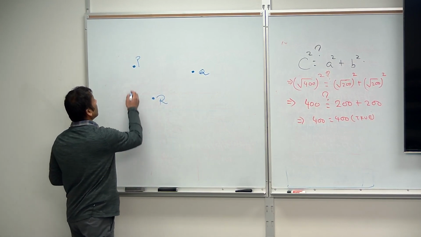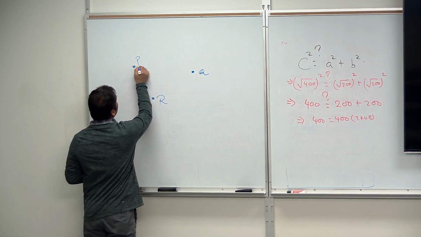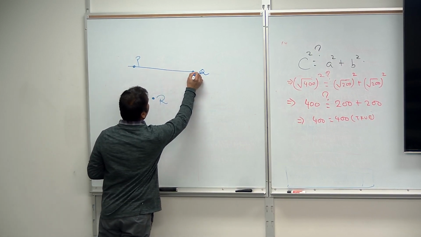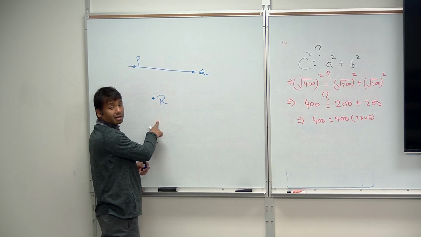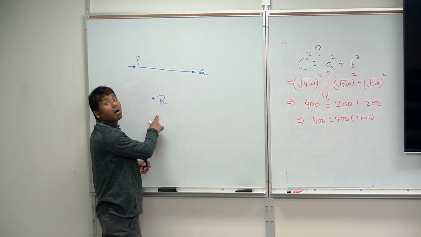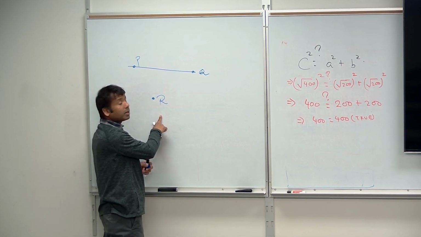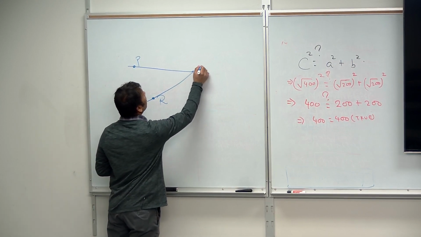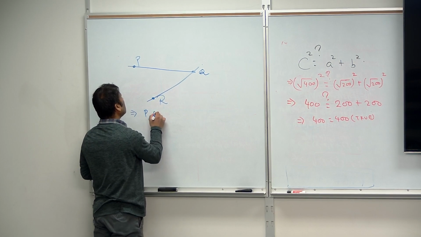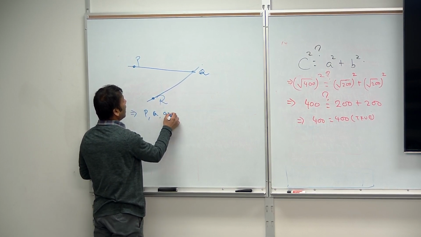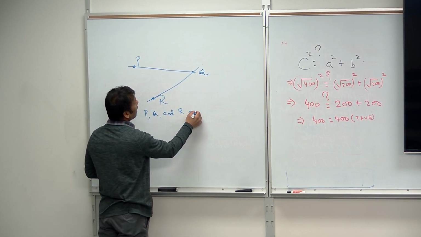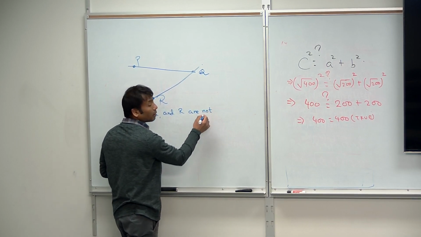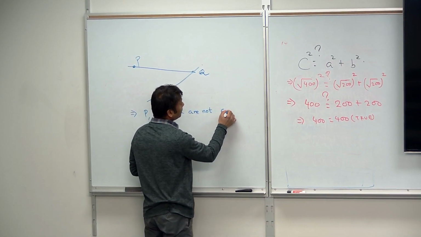I can draw a straight line joining these 2 points, but I cannot draw a straight line passing through all 3 points. So P, Q, R are not collinear.